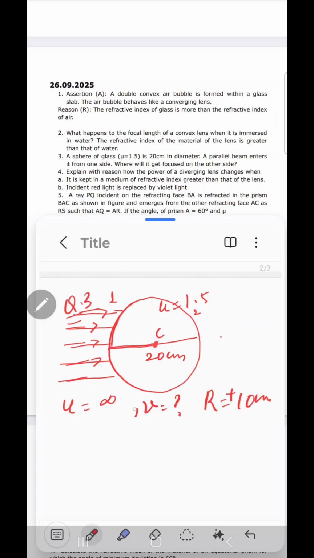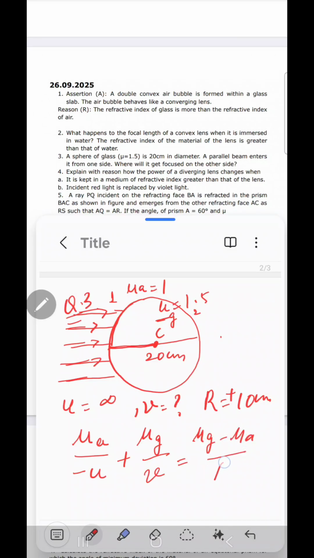Here it is in the air, so the refractive index of air is 1 and the refractive index of the glass is 1.5. So using the formula for refraction through a spherical surface, we can write mu air over minus u plus mu glass over v is equal to mu glass minus mu air over r.